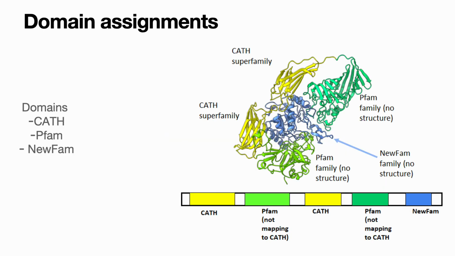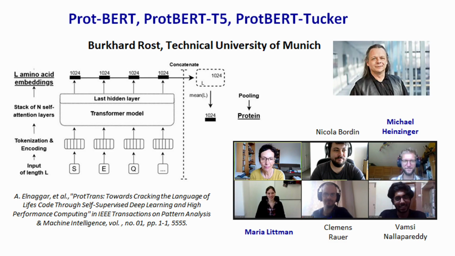So for these last two types of domains, PFAM domains and NewFAM domains, we don't have a CATH assignment at the moment, and they can't be detected by hidden Markov models. So they are probably very remote homologs. In order to deal with this kind of data, we teamed up with the Rostlab team at the University of Munich, where we created a new predictor called CATH-E, which is based on embeddings from protein language models.